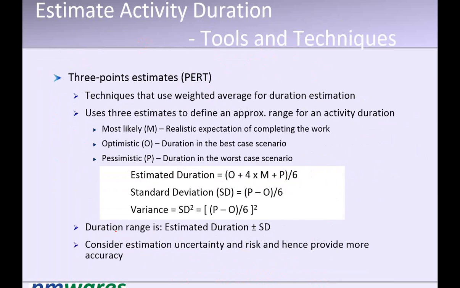Now, if you look at expert judgment estimates, what happens? You give the activities to an expert and ask what your estimates are, and they will give you estimates. If you give this list of activities to 10 people, you will probably get 10 different estimates, because everybody's experience is different and they estimate differently.